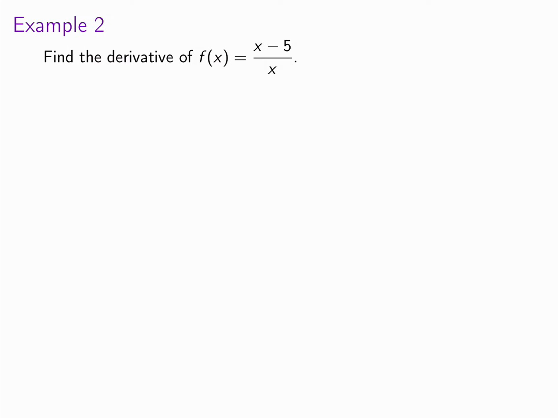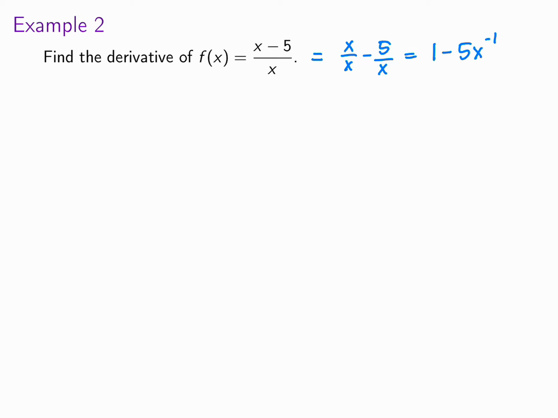Let's find the derivative of x minus 5 over x. So we can actually do this one both ways as well. We could rewrite this as x over x minus 5 over x, which is 1 minus 5 times x to the negative 1 power.